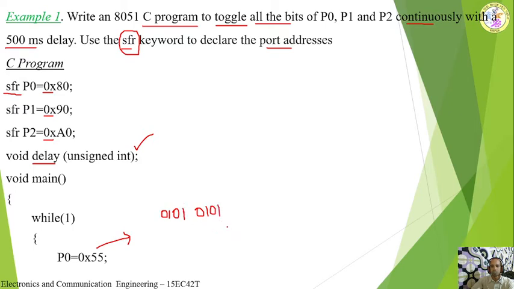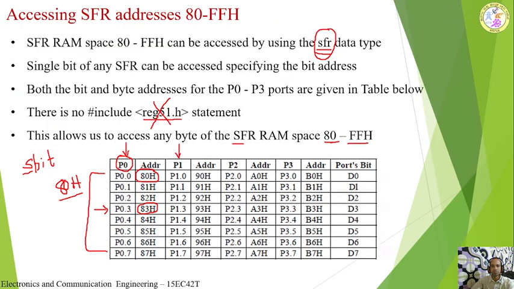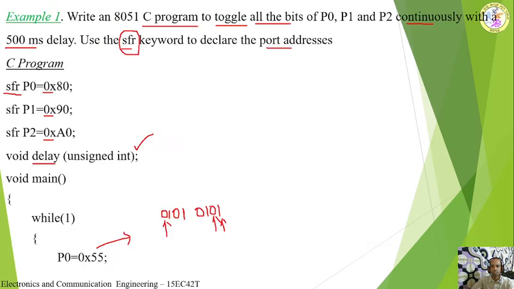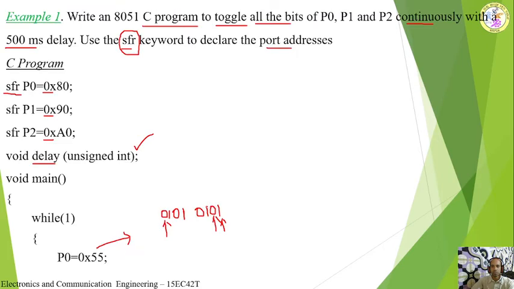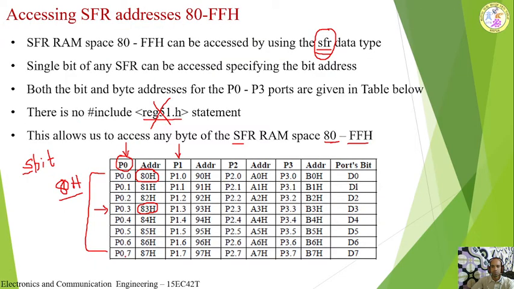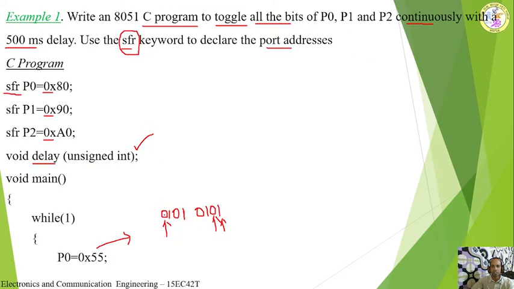So this is P0.0, this is P0.1, P0.2, P0.3 and so on up to P0.7. P0.0 is 1 here, P0.1 is 0, P0.2 is 1 and so on, and P0.7 is 0. So this is how the value 55 has been sent to port 0.